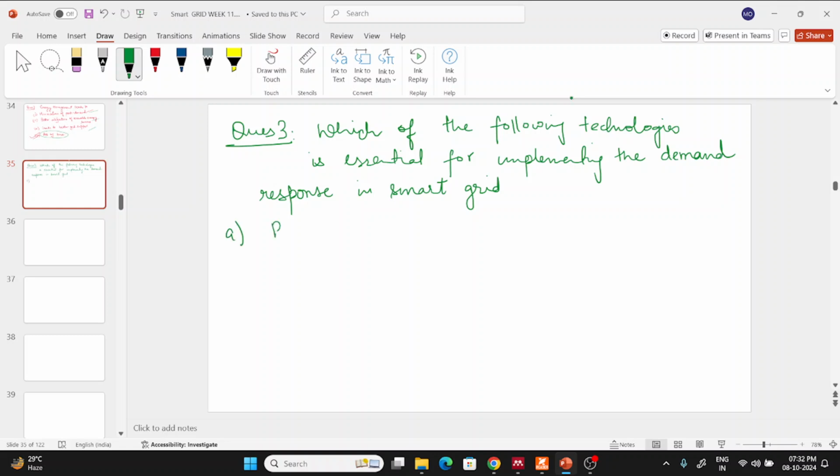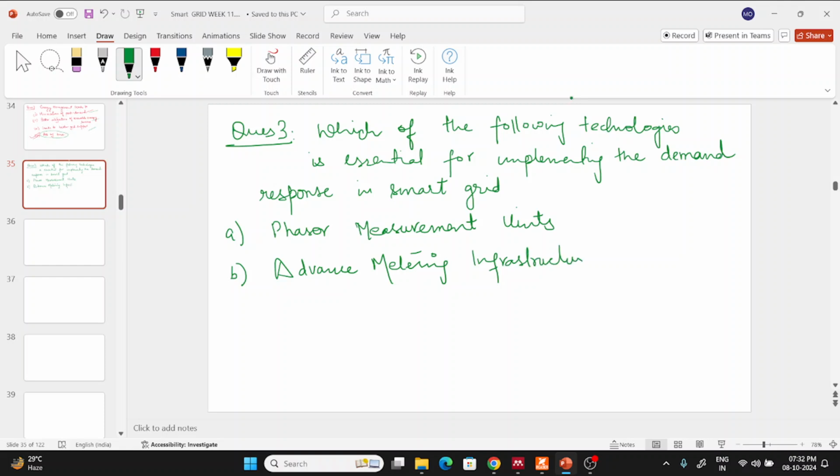First, phasor measurement units. B. Advanced metering infrastructure.